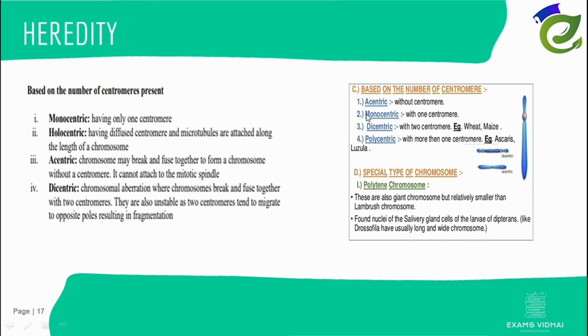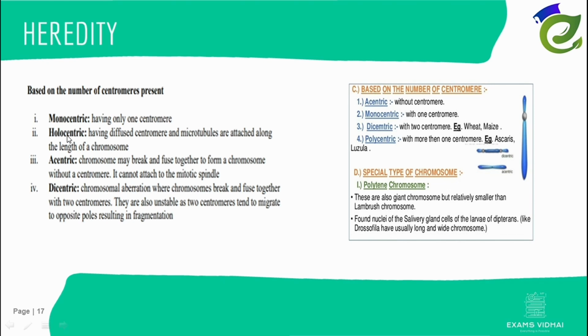Different types of chromosomes are: acentric, without a centromere; monocentric, with one centromere; dicentric, with two centromeres, for example wheat and maize; polycentric, with more than one centromere, for example Ascaris and Luzula. And we have another special type of chromosome, the polytene chromosome. So this is all about monocentric.